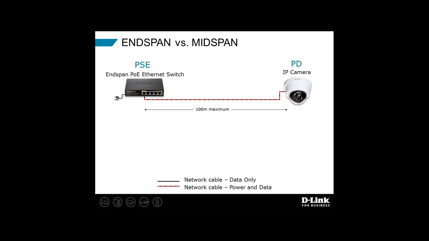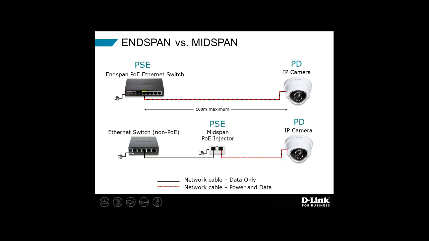In this case, the Ethernet switch is acting as the PSE. It's ENDSPAN because it's generating the Ethernet signal, and it's a PSE also putting power on the wire, and that's signified by the dashed red and black line.